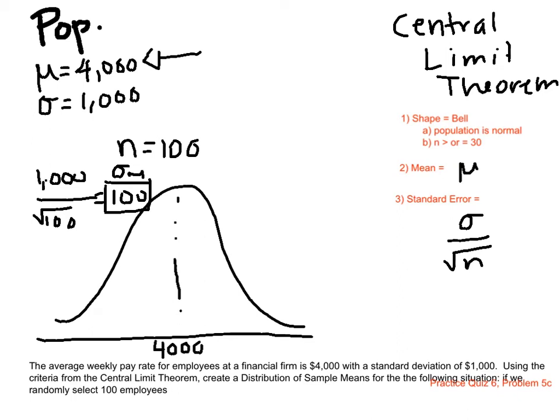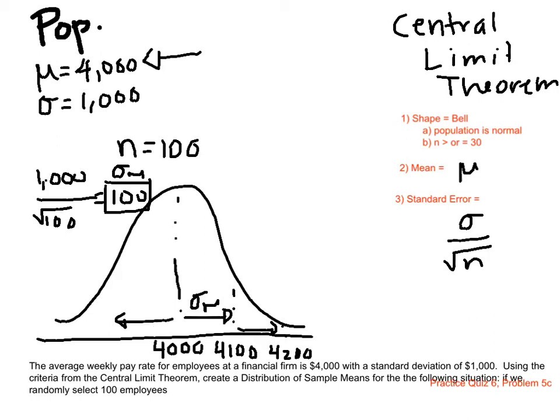So I move the text so that we would have more space, and I'm going to go ahead and go up one standard error this way. And since my standard error is 100, I now land on 4,100. And if I go another standard error, I should land on 4,200.